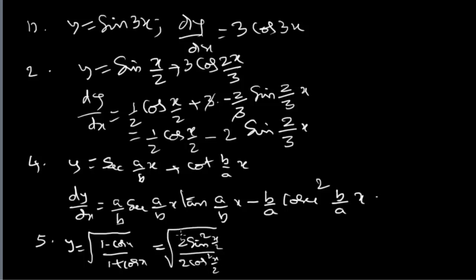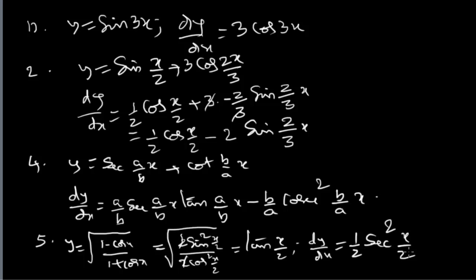The 2 cancels. Sin squared by cos squared is tan squared, with root it is tan x by 2. Now note that differentiation of tan x by 2, a is what? Differentiation of tan is secant squared. A is half, so half secant squared x by 2.